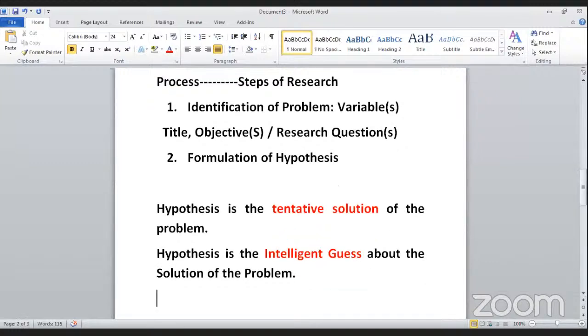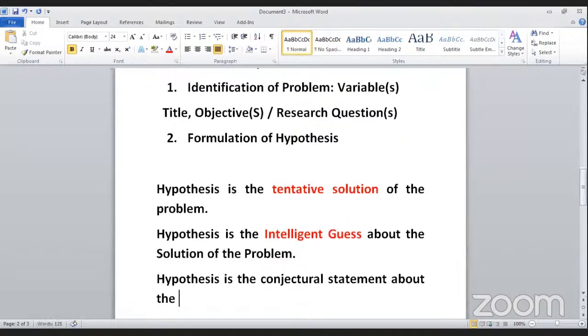And another definition is that hypothesis is the conjectural statement about the relationship between variables. Please understand, here I have said between variables.